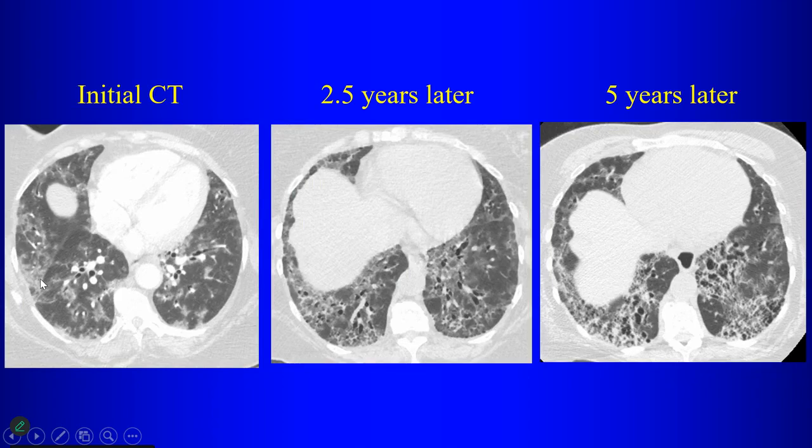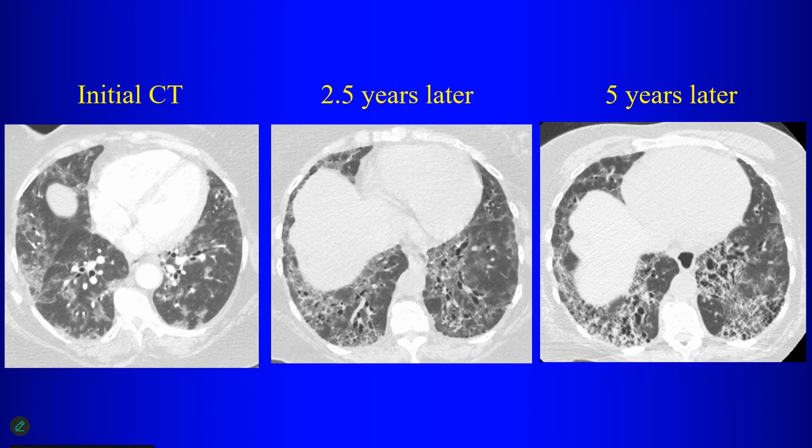They're all the same patient. This is the initial CT. This is 2.5 years later. This is 5 years later. So we start with organizing pneumonia, goes to NSIP, goes to UIP. This is not uncommon.